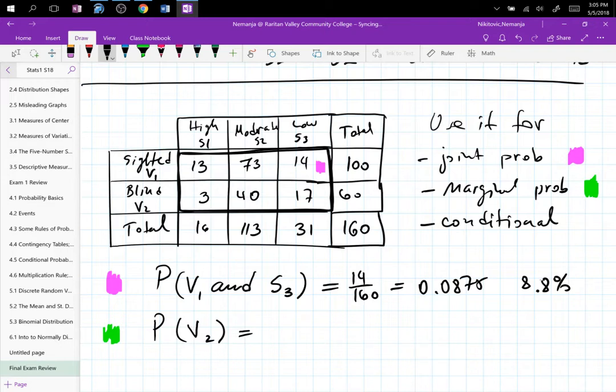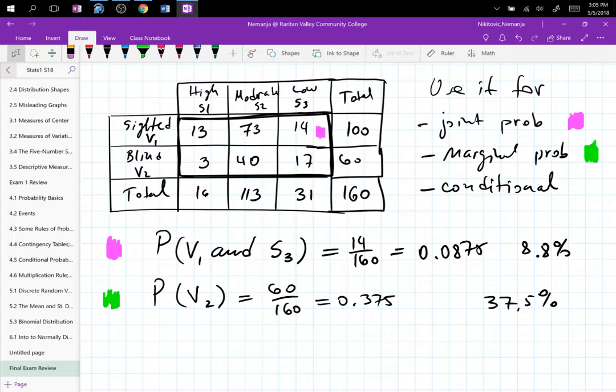Blind is going to be 60 divided by 160. So that's 6 divided by 16, that's 3 eighths, 0.375 or 37.5%.